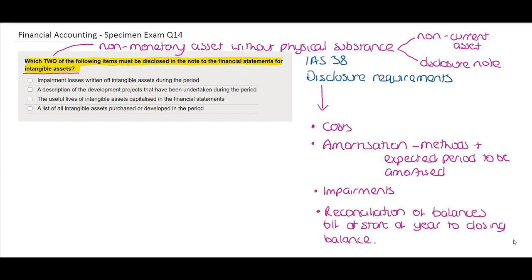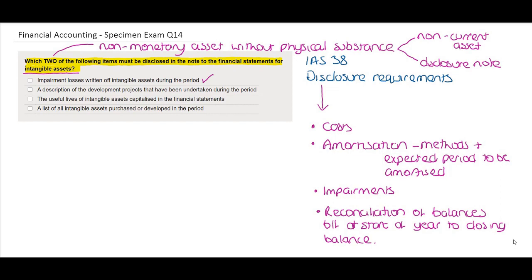Looking at the four options to choose from, we have to decide how much detail is required to be disclosed regarding intangible assets. Looking at the first one, impairment losses written off intangible assets during the period is something that we would expect to see in the disclosure requirements for this asset.